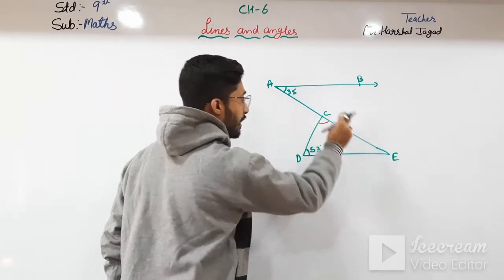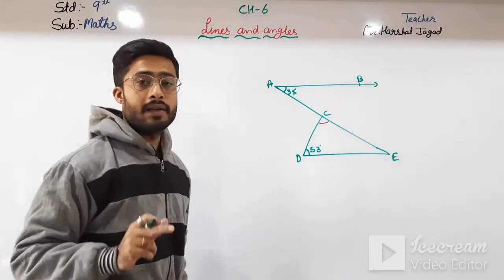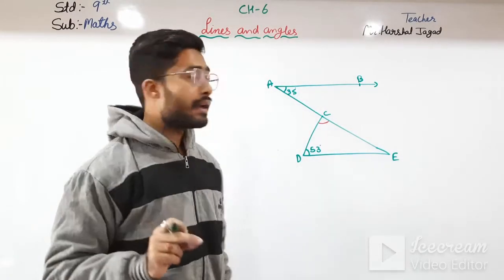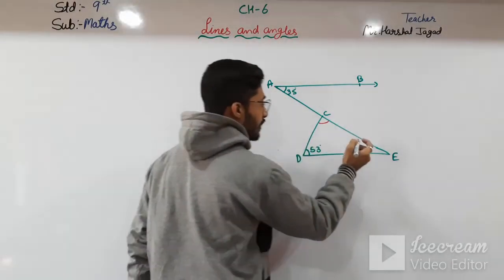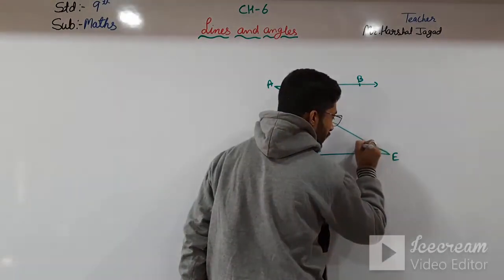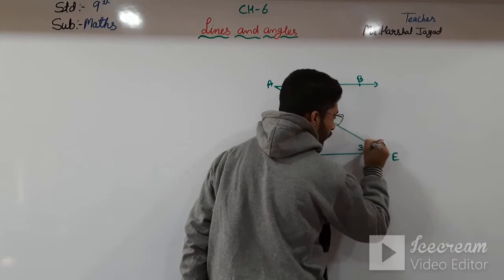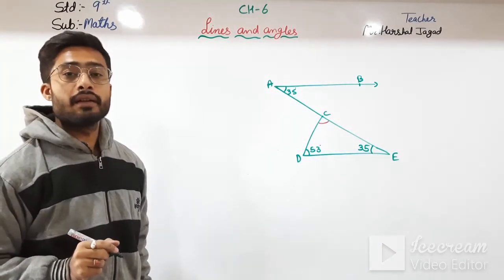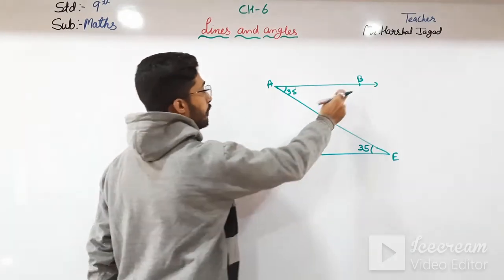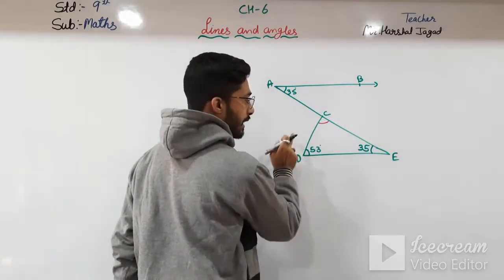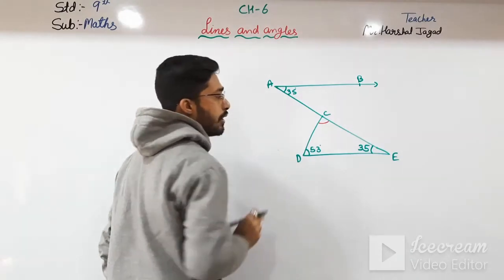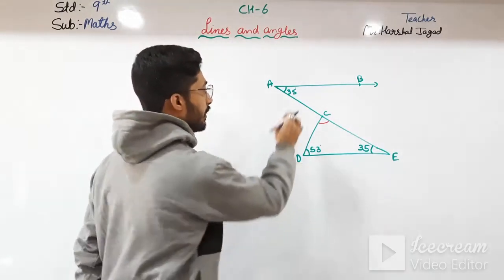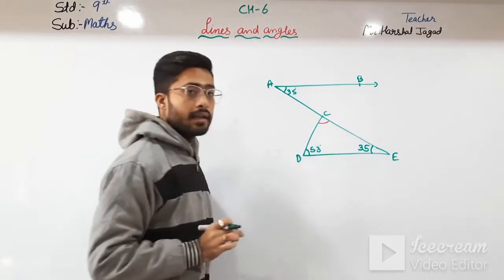This angle and this angle are alternate interior angles, which means it will also be 35 degrees. So BAC and CED will be the same, 35 degrees.